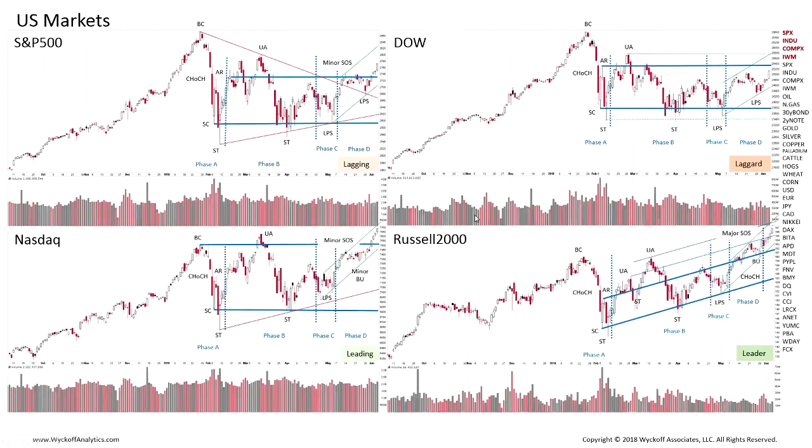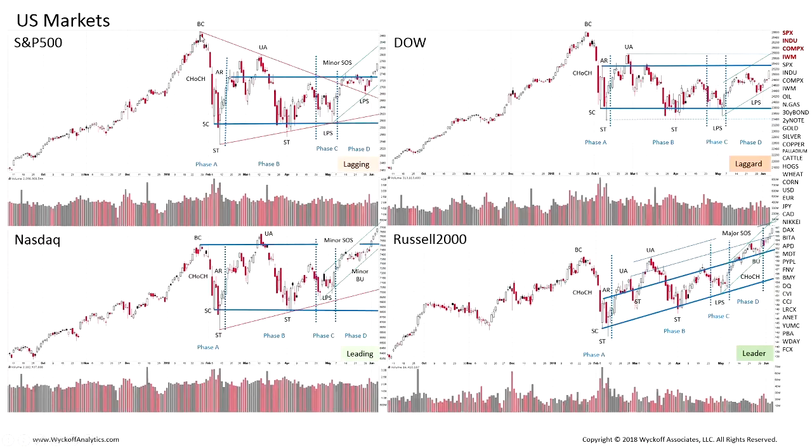Now I want to talk about this in the context of the current market. We have 4 indexes here. I apologize if they look a little bit small on your screen, but we are going to look at the S&P, the Dow Industrials, the NASDAQ, and the Russell 2000.